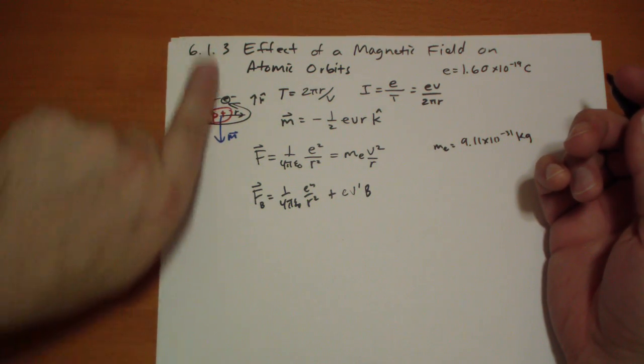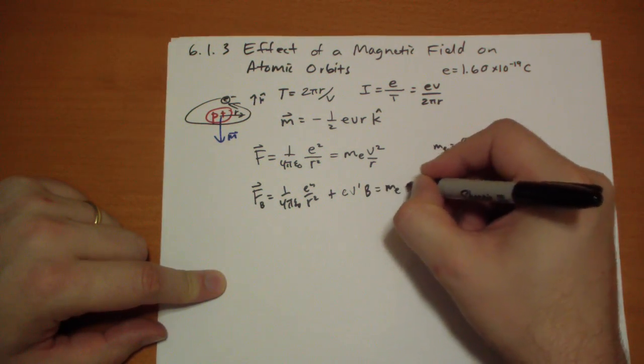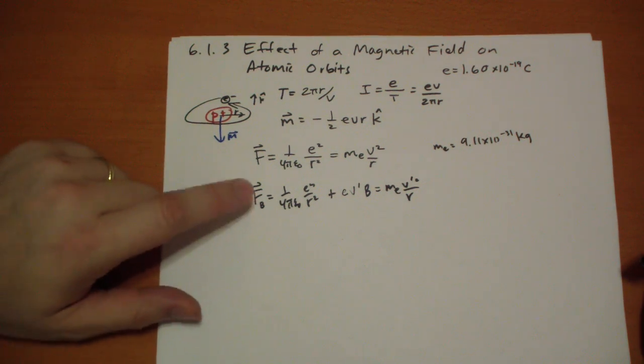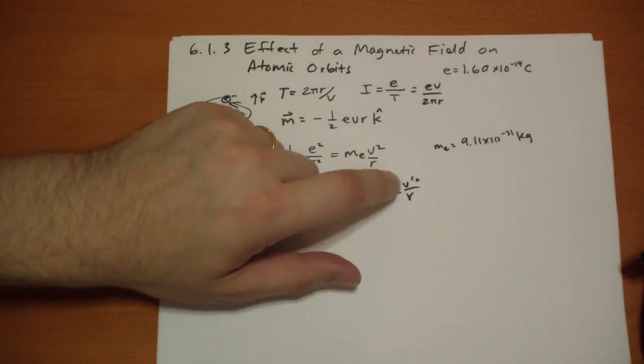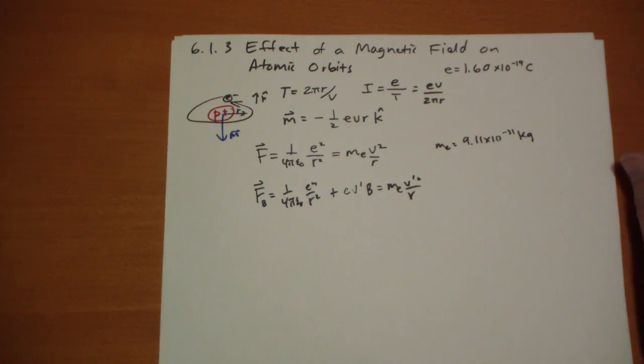We're doing the magnetic field perpendicular to the plane of rotation here. So that's going to be equal to M_e V prime squared all over R. Okay, so when we put a magnetic field in there, the force is going to change the velocity it's going to spin at so it can maintain that radius.